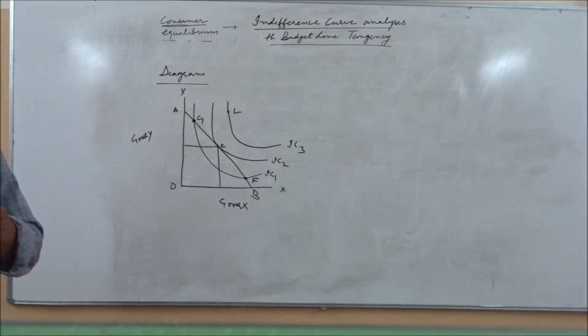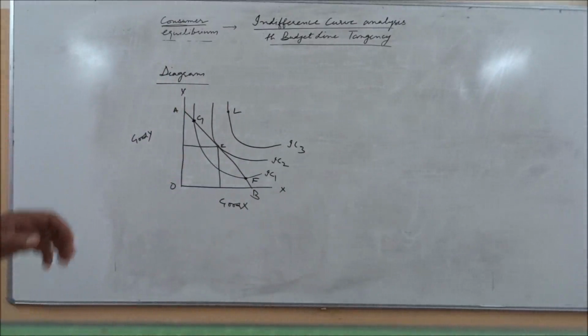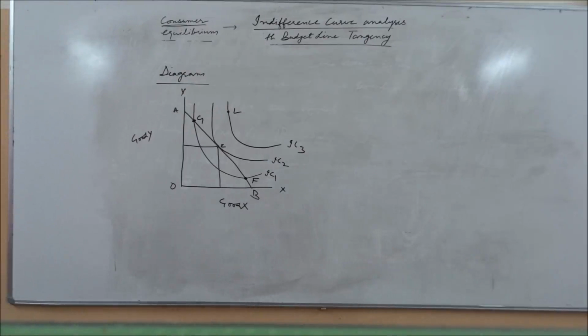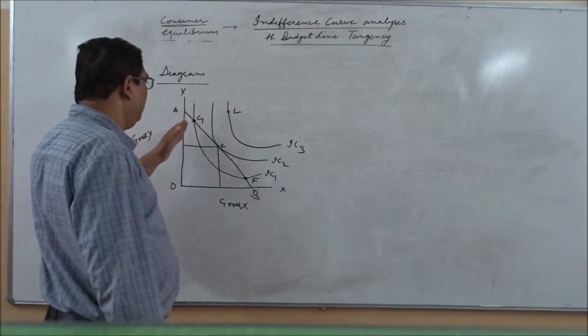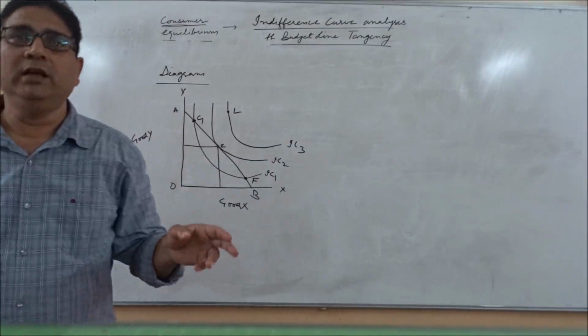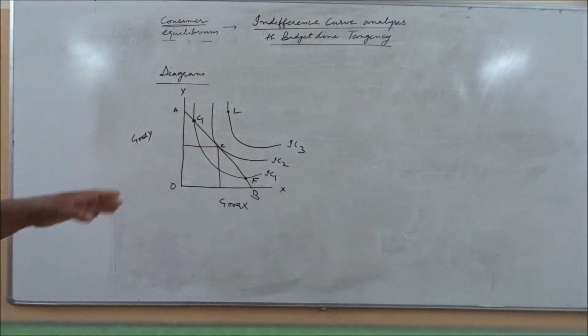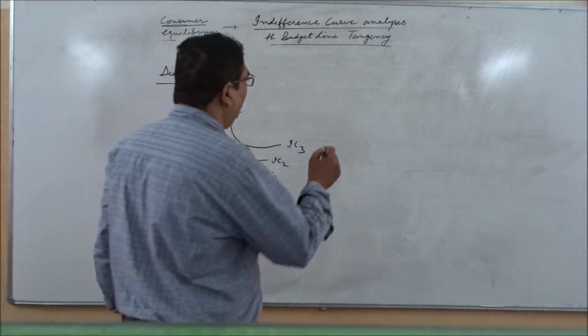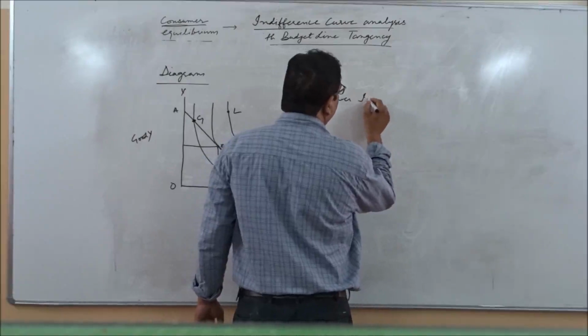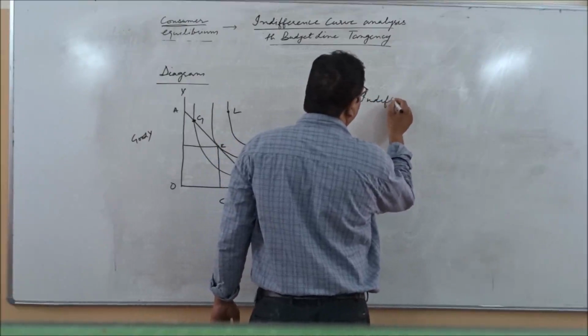These two points are also on the indifference curve, but these two points are not giving the highest level of satisfaction to the consumer. Why? Because they are situated on a lower indifference curve.